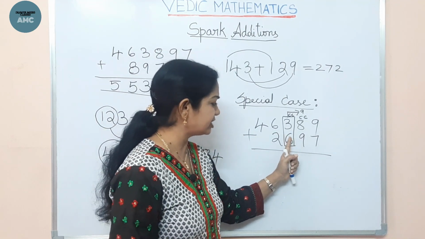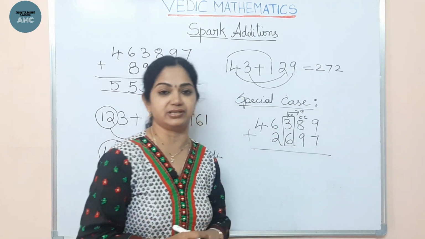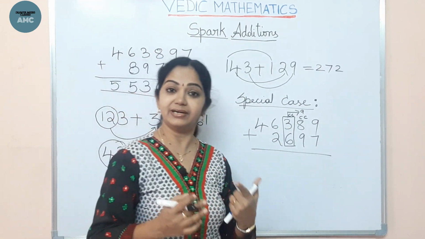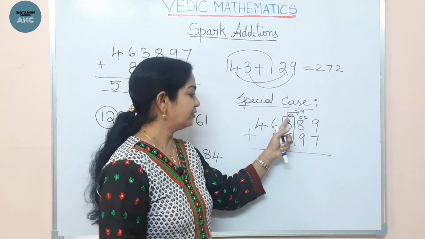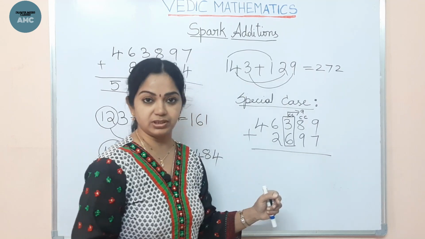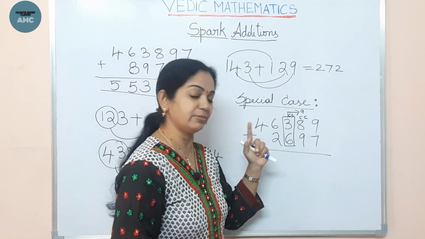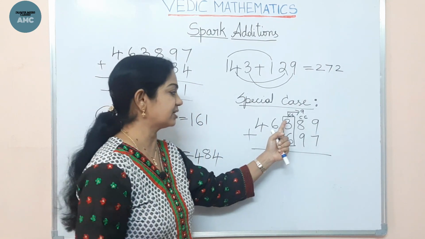So if you add just 1, this 9 will become a double digit number. Double digit means it's a carry combination. So if you write it as a non-carry, it will not work out. If you write it as a carry combination, it will work out, because adding simple 1, it becomes a carry combination.